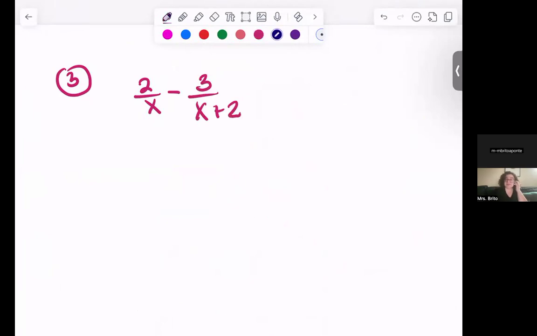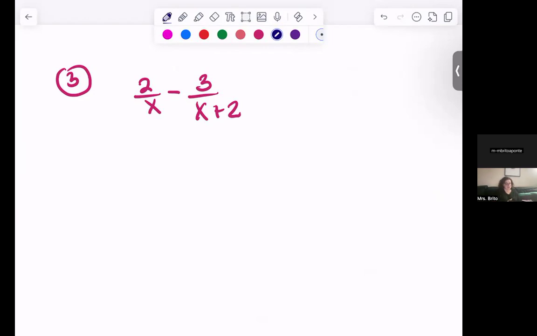Sometimes it's as easy as multiplying by the opposite thing. So I can't just add a 2 to that first expression. Unfortunately, I can't just add it on there.